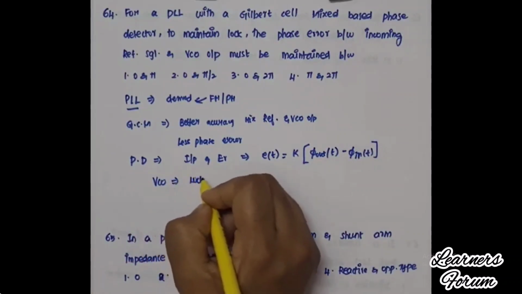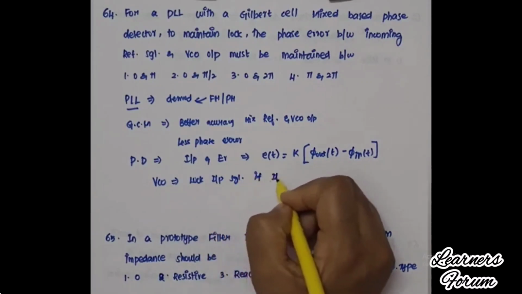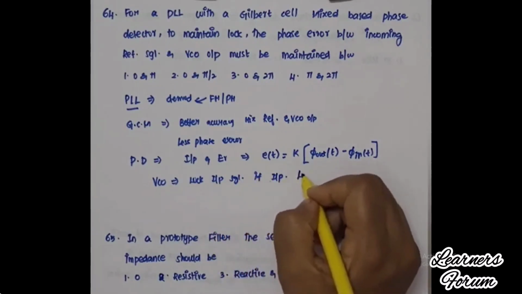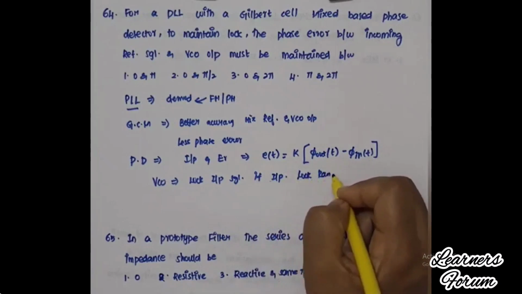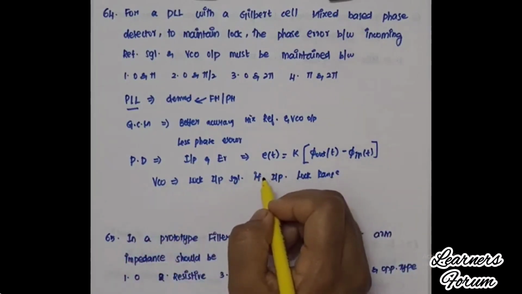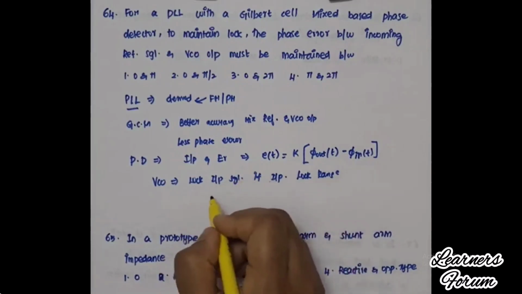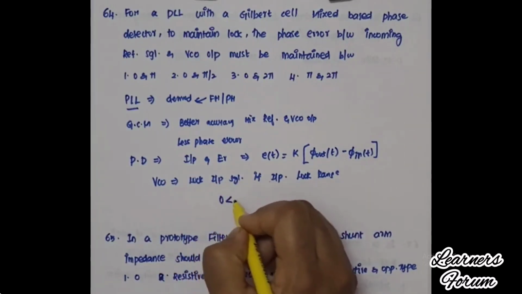And the voltage controlled oscillator, VCO, locks the input signal if the input is within the locking range. So only when the input is available within the lock-in range, the VCO will perform this particular operation. So the range for maintaining is 0 less than phi less than pi.